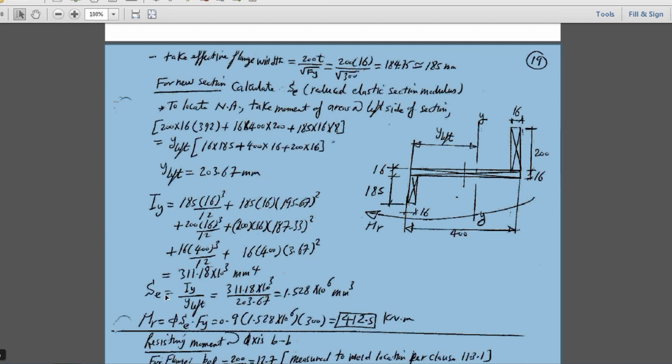Then we calculate the elastic section modulus as Iy over the greater of y left and y right. So y left here will be greater anyway. So we calculate the elastic section modulus, then multiply by phi Fy, and you get the resistance. So this is just an example of having a section that is class 4, and we need to reduce it.